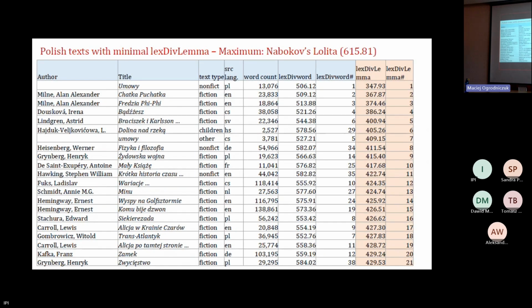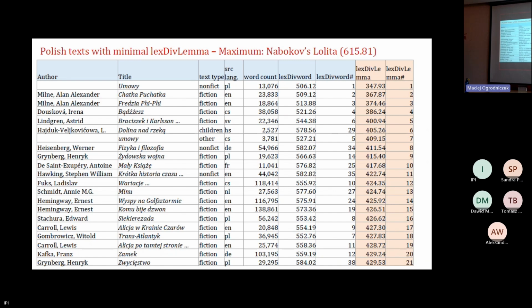So now, the Polish text with the minimal lexical diversity value for lemmas. We have about 3, and that's only for the core part, and there are about 350 texts there. You see that it's mostly children's books.